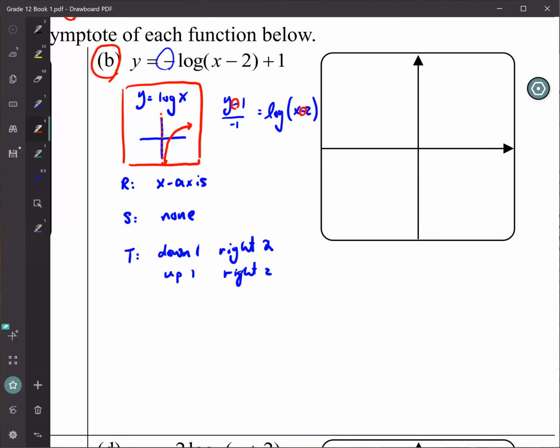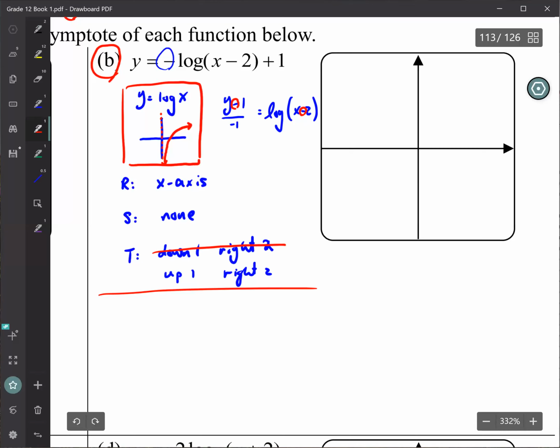You have to go back and check the transformation chapter, the second chapter. If you see an adding, it means left and down. I'm talking about story form, okay? After you move things over, then you apply the rule. Subtract is up and right, so it should be this one. Up and right 2.